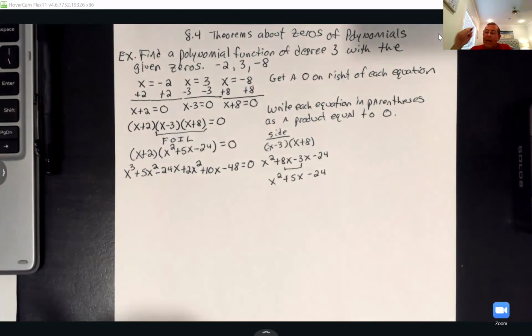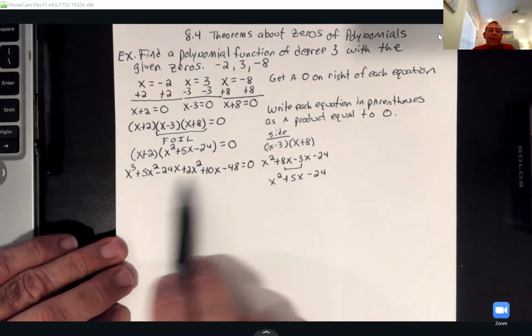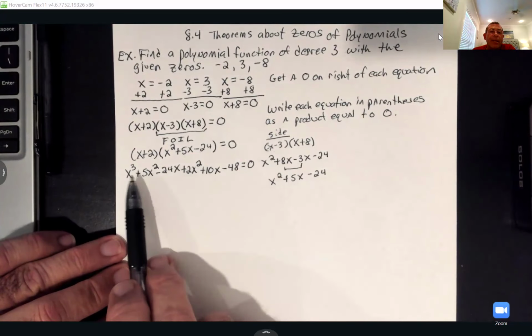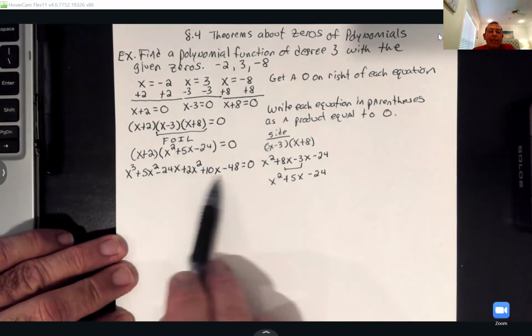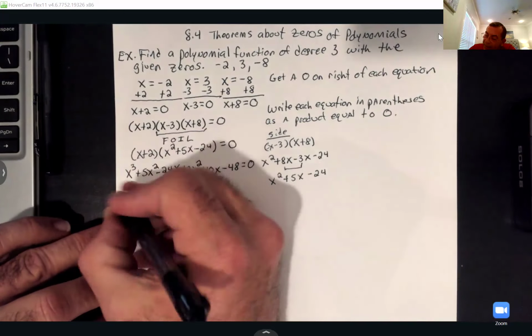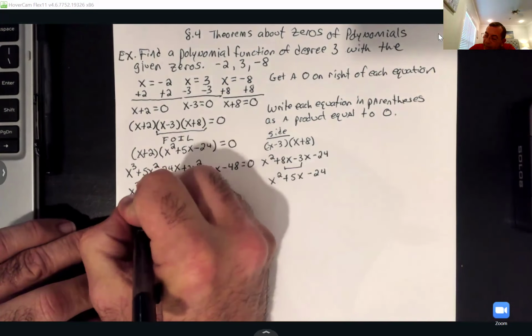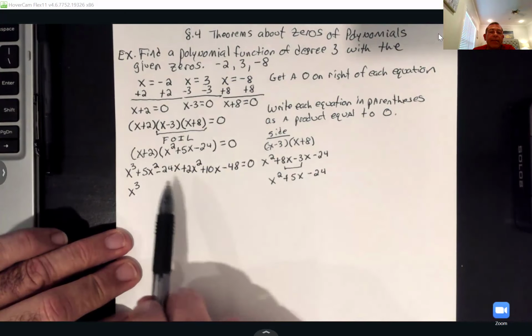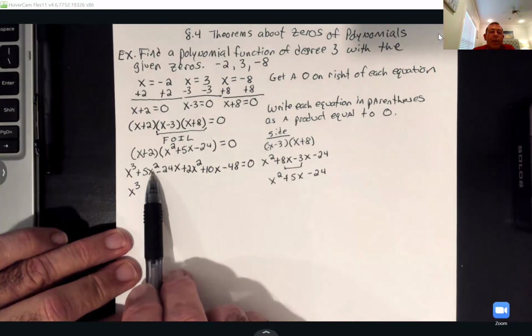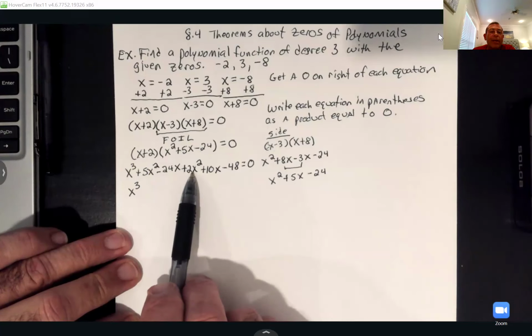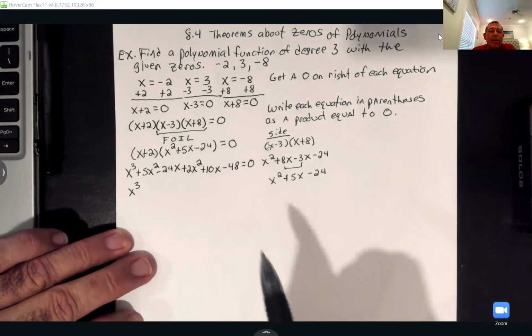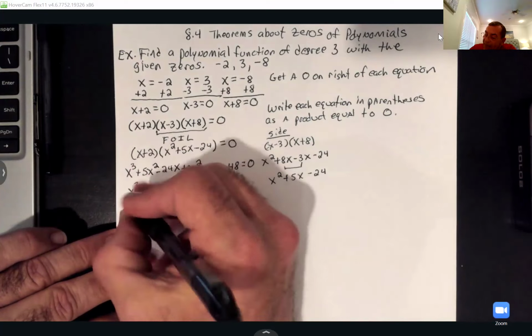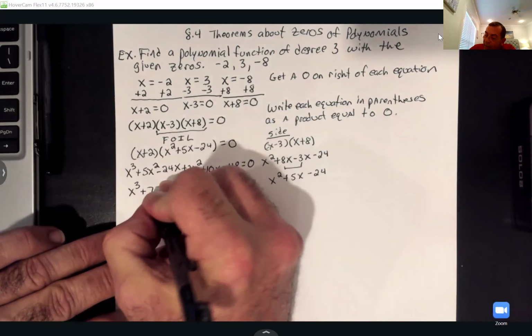Oh, and y'all look at that, I got all kinds of like terms in here. So let me go in descending order. The x cubed has nothing else, so bring it down. Next will be the x squareds. So let's see, I got 5x squareds, 2x squareds, and that's all. So that's going to give me 7x squared.